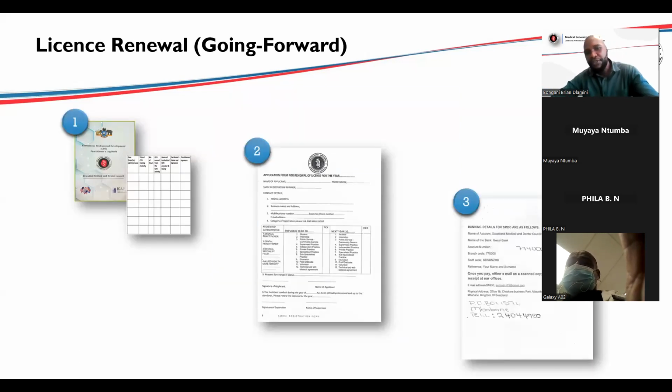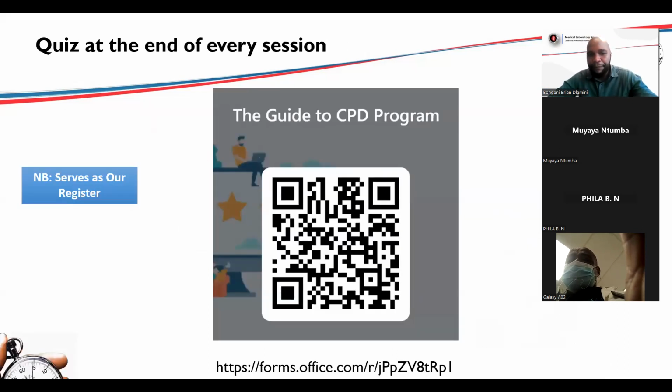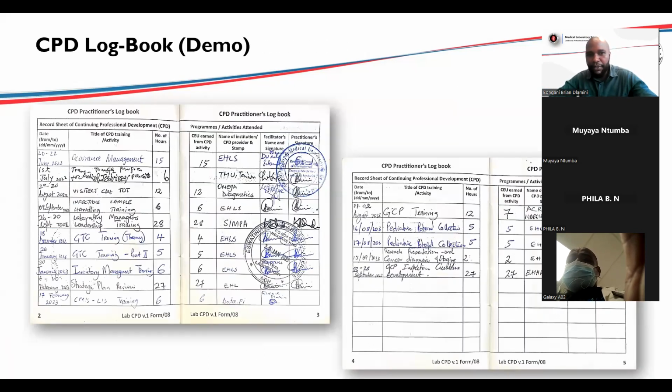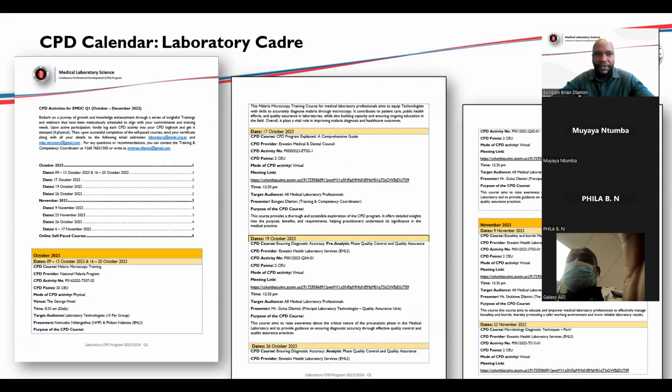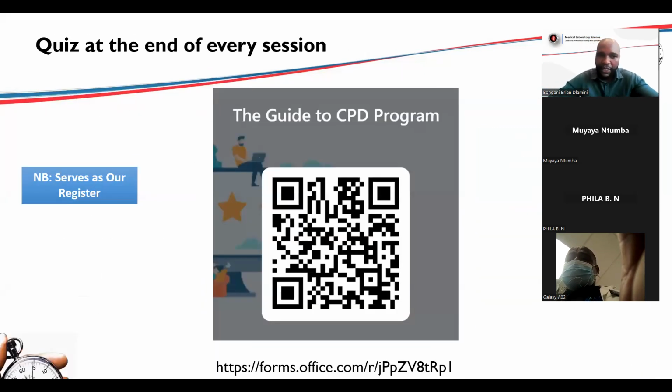And what we've introduced as also evidence here, for us to be able to give you certificates of participation, we've introduced a digital quiz, which is about 5 to 10 questions on the topic of the day, whereby you can scan the QR code. I'll also paste the link on the chat box, so we can do it in the last 5 minutes of the presentation that we're having on that day.